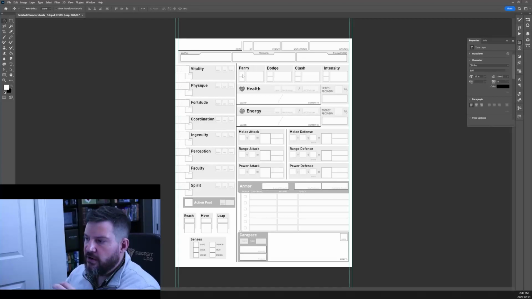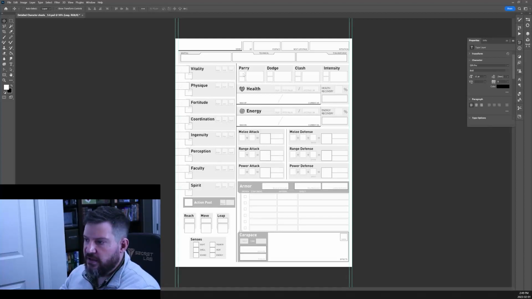So up here under parry, for instance, if you were trying to create a parry value, what you would do is assign the derived stat values, which would be ingenuity and perception, let's say. So your ingenuity value, if it's 20, and the perception value, if it's 20, will produce a +2 and a +2.